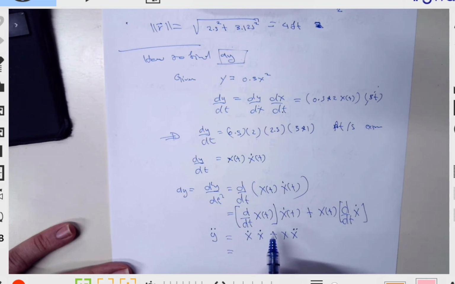x dot is already given to us as 5t, so this is (5t) squared plus x of t, which is evaluated at time equal to 1, times x double dot, the second derivative of the position. Let's be much more organized here. This is x at a time, and this is x double dot at a time.